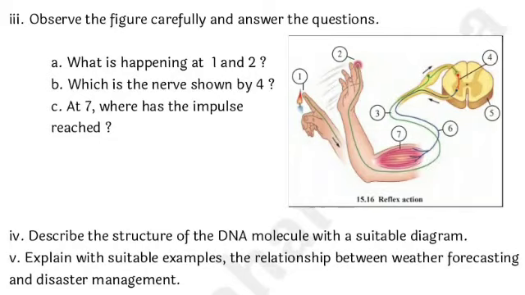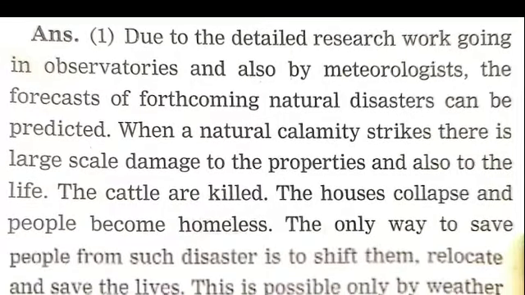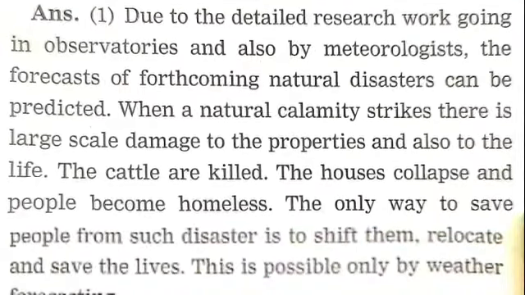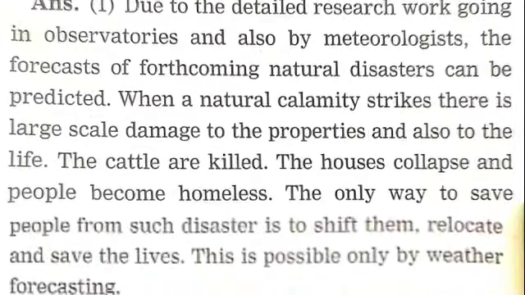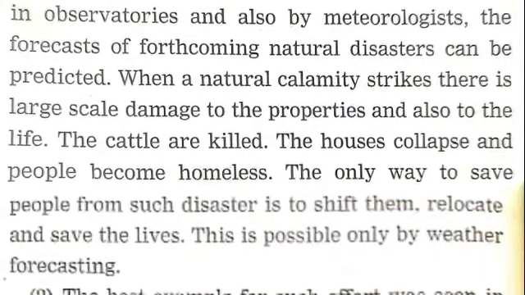Question 5. Explain with suitable examples the relationship between weather forecasting and disaster management. So let us see the answer of this question on the next slide. First, due to the detailed research work going on in the observatories and by meteorologists, forecasts of forthcoming natural disasters can be predicted.